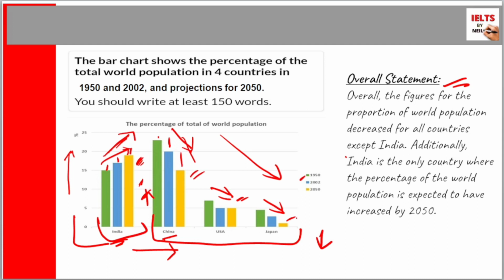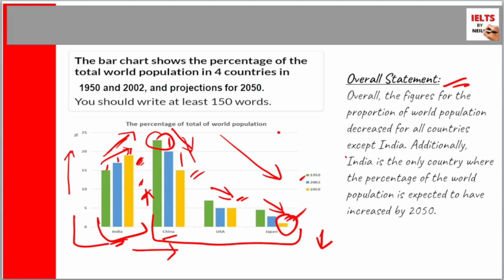So basically, the overall statement is just the overall view that you get by having a glance at the diagram or the bar graph. Some students also write the overall statement by taking the highest or the lowest. That is also correct. There's nothing wrong with that. So you can say the highest population recorded in the given bar graph was for China in 1950, and the lowest is expected to be of Japan in 2050.